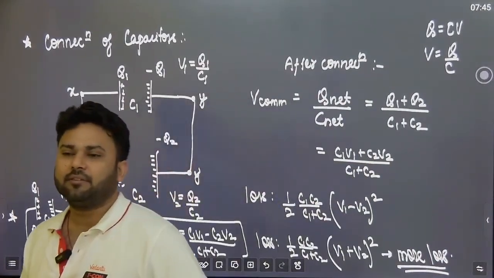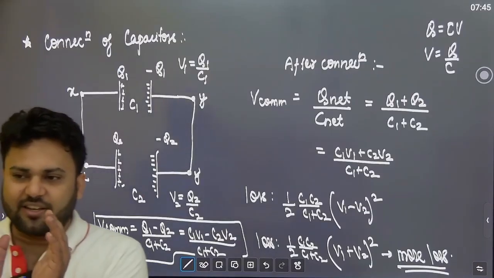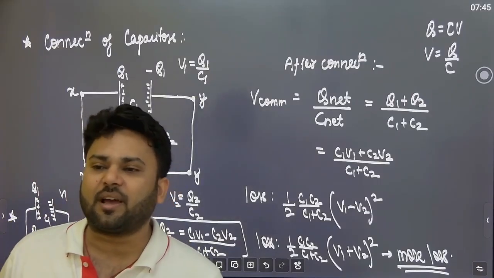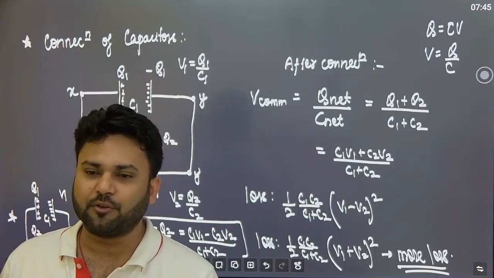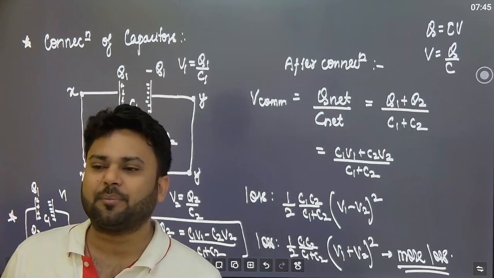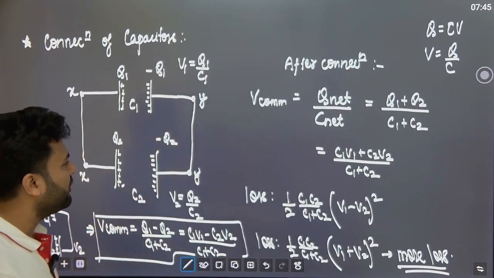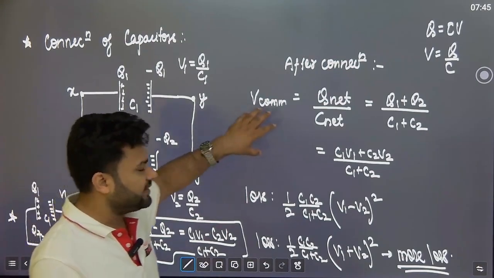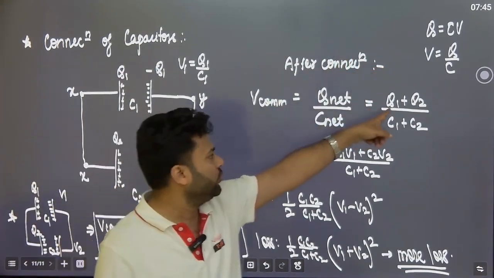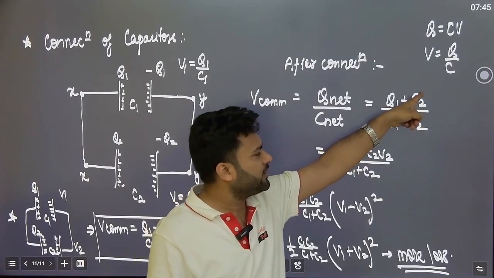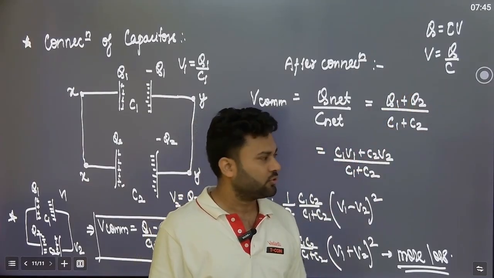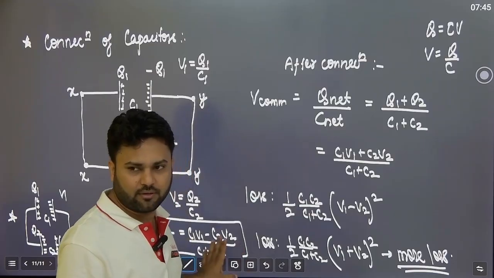Sometimes they connect one charged capacitor with an uncharged capacitor. You will see in the questions, NEET PYQs. In that case, the second capacitor is uncharged, so Q2 will be 0. It is not charged. So in all the places, Q2 you have to take 0.